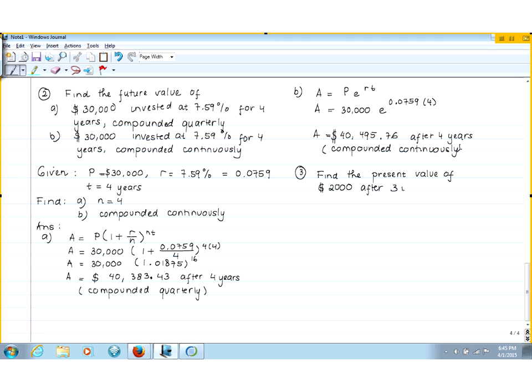So the same amount, $2,000, after 3 years, at 5%, compounded, so A, compounded daily, and B, compounded continuously.